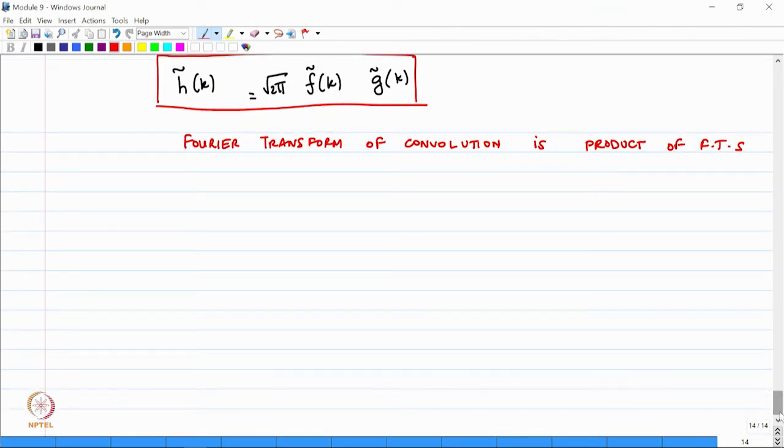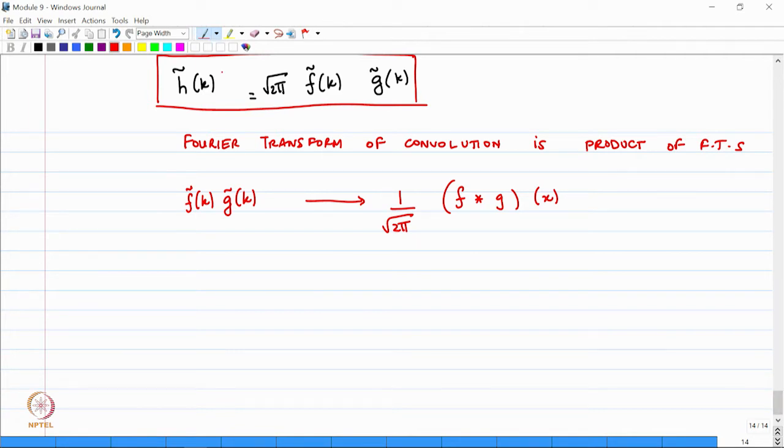Now this is again something that is extremely useful. The other way, suppose you had f tilde of k g tilde of k, okay, and you take its inverse Fourier transform, then you will get f star g of x multiplied by 1 by square root of 2 pi. So, both these relations are extremely useful.